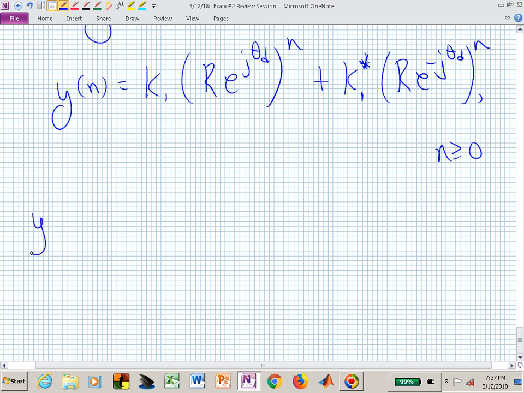And now we just need to do some algebra with complex numbers, rewriting K1 in the polar form. K1 was the magnitude of K1 at an angle of K1. Its conjugate is just going to be same magnitude with a negative sign.